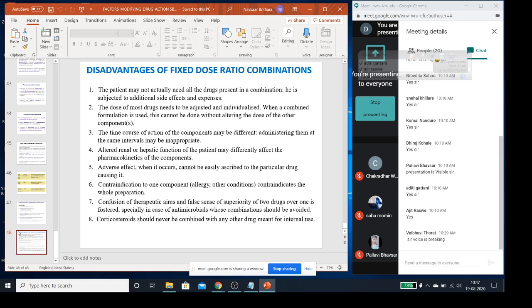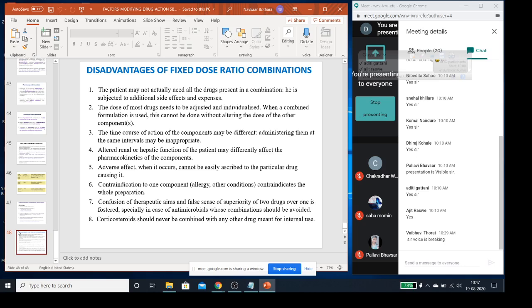In that case, the one having a 7 hour half-life will accumulate in the body because the time course is not the same. So whenever fixed dose combinations are made, it is very important to see whether their pharmacokinetic features are the same or not.